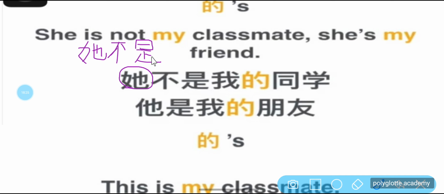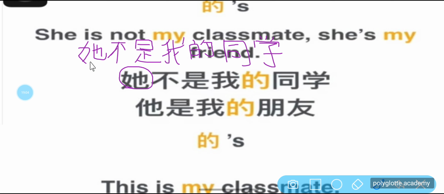So 她不是我的同学，很好。So, she is not my classmate.